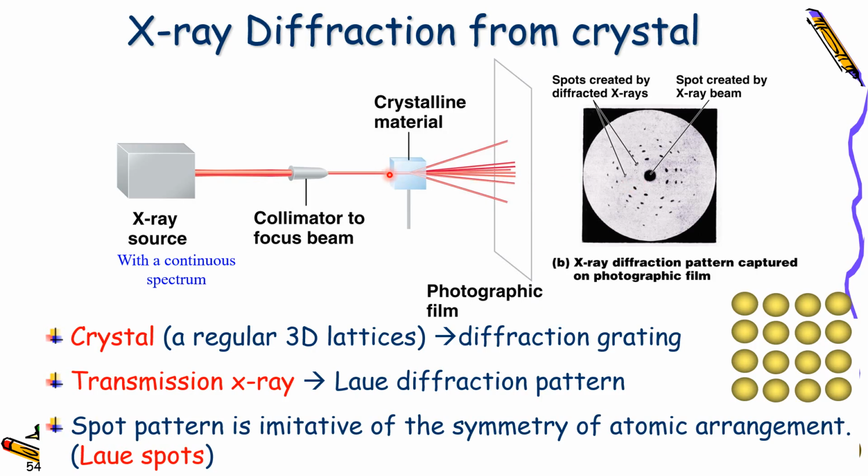Because if this face is 1 1 1, you get pattern A. If this plane is 2 1 0, for example, you get a different pattern B. So X-ray diffraction tells you two pieces of information: different materials give you different patterns, and different planes of the same material give you different patterns.